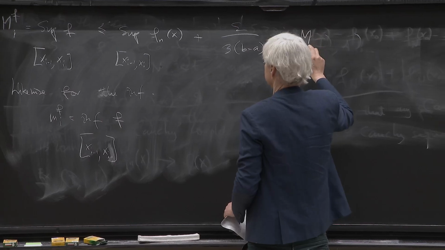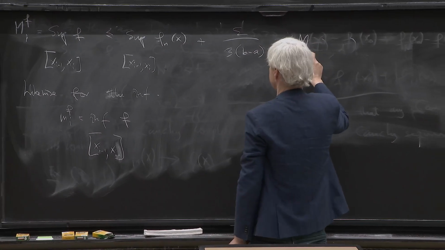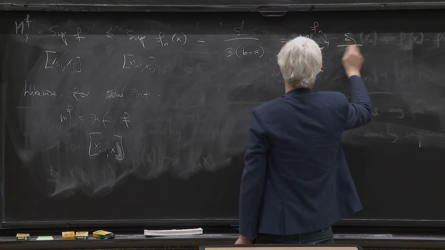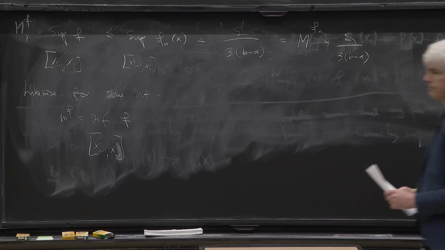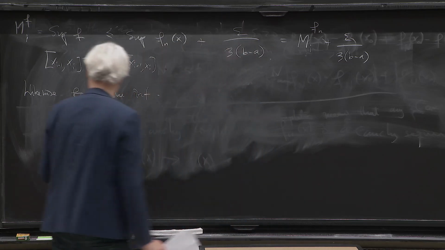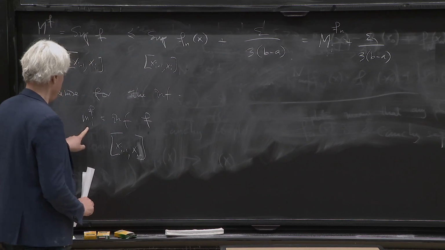The notation for this sup is Mi of fn. And the infimum for f on this little interval, the notation for that is this little m, right?